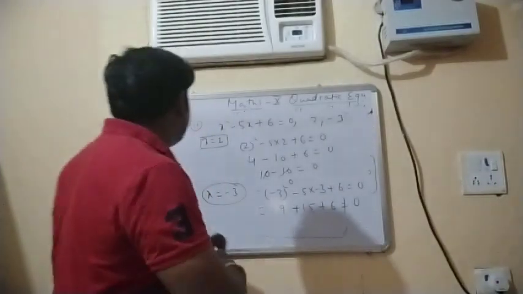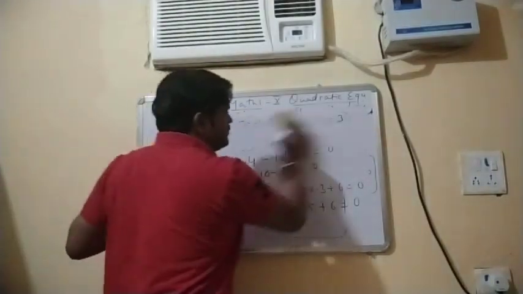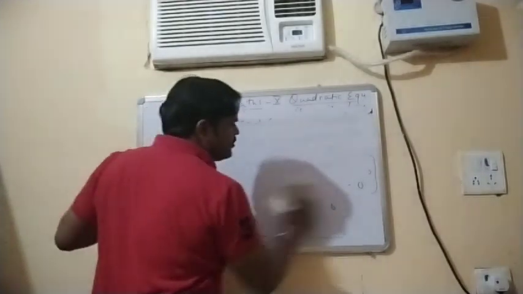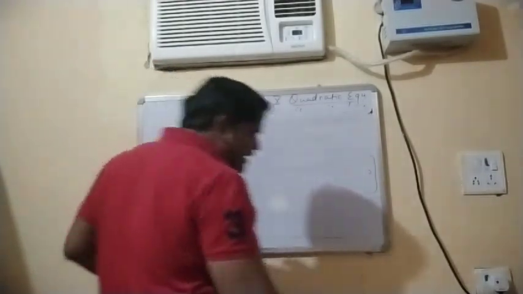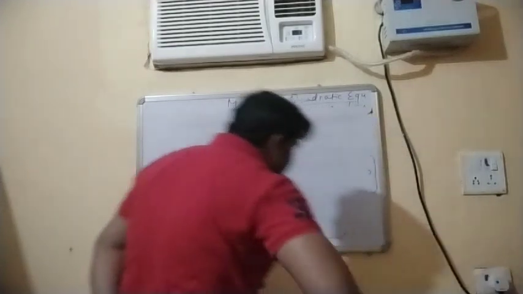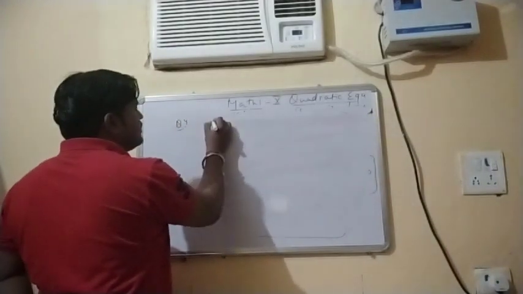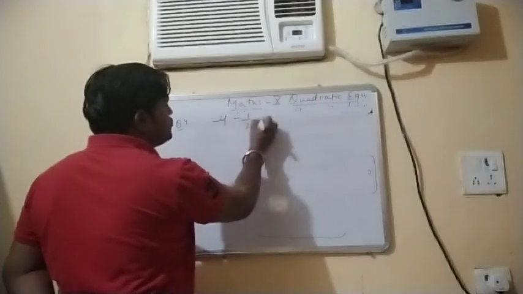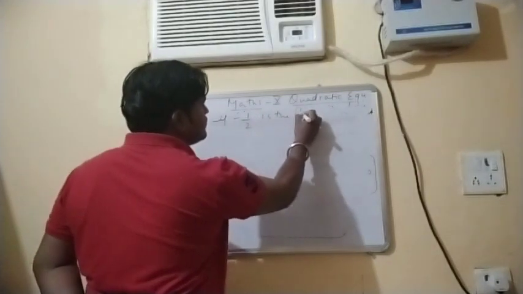We'll move to question number 4. Now, if you see question number 4, you have to find the unknown value. If minus 1 by 2 is the solution of the equation, it is given in the question. What is the equation?